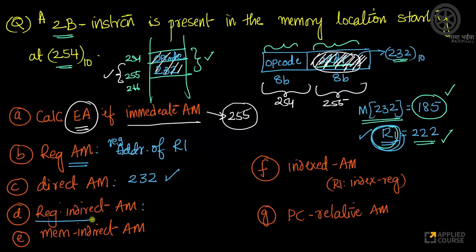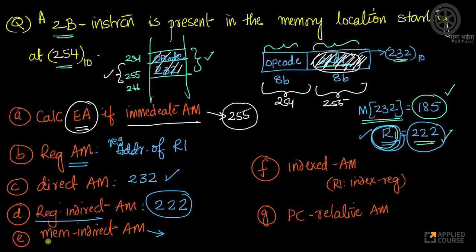What if I have register indirect addressing mode? In here I have only one register, which means whatever is there in the register, that is, whatever is there in 222 is the data, which means my effective address here is 222, because that's where the final data resides. Now imagine I'm using memory indirect addressing mode.